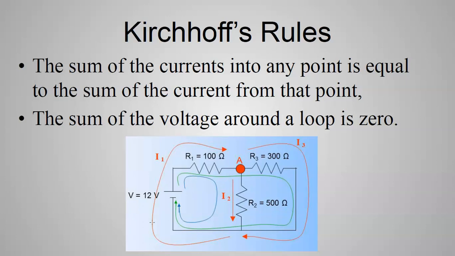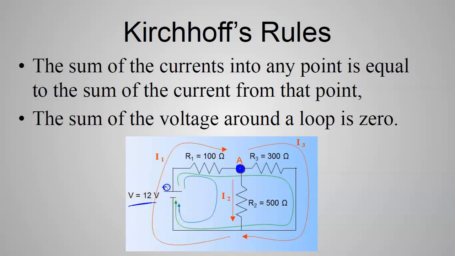So let's think about this one here. It says the sum of the currents into any point is equal to the sum of the current from that point. And they've marked a point here, point A, right there. And what we're going to do is pick a point. You can pick any point you want, but there's good reasons to pick this point over some other ones in here. Got a 12 volt battery.